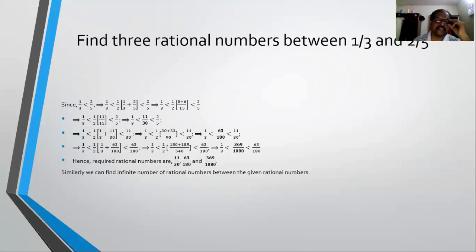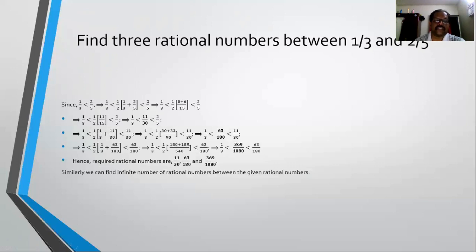Now to get the second rational number between these two, you can keep x fixed, that is, the first number kept fixed, and just keep changing the second number. While finding the second rational number, we consider x as 1 by 3 and y as 11 by 30, and applying the same denseness property, we can have the second rational number.